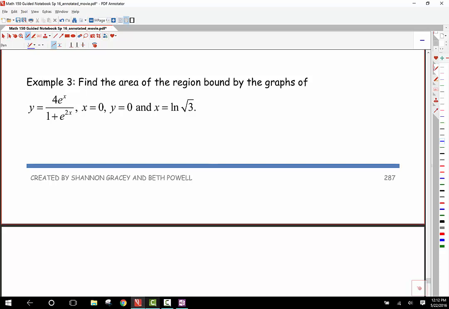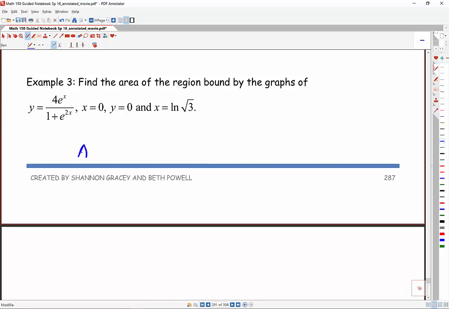Do you see that the numerator is always positive and the denominator is always positive? So the area will be equivalent to the definite integral from 0 to natural log of root 3 of 4e to the x over 1 plus e to the 2x dx.